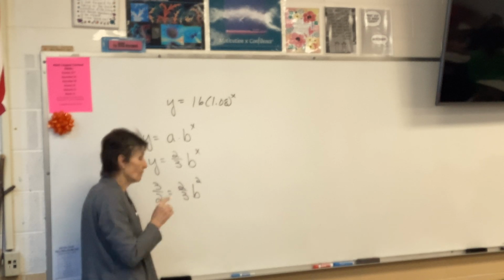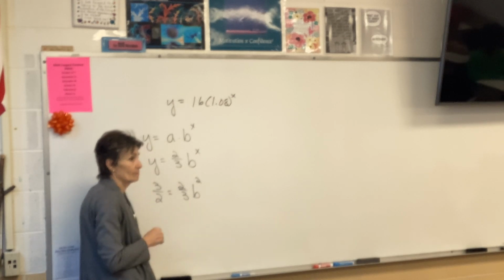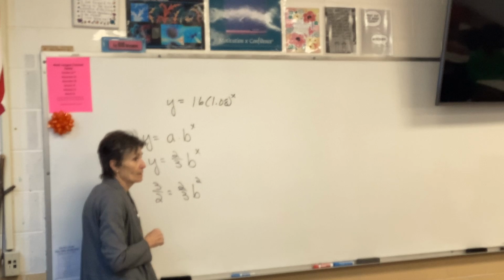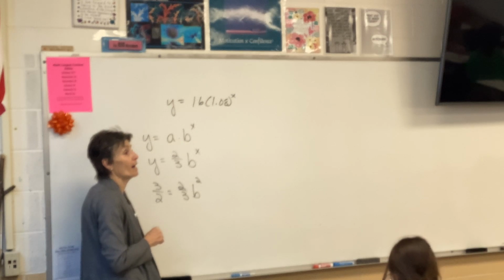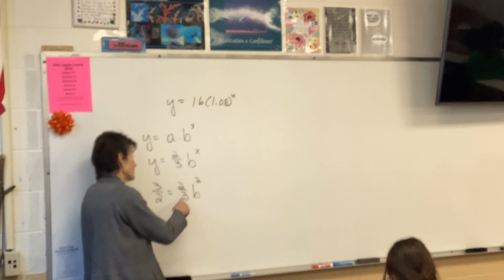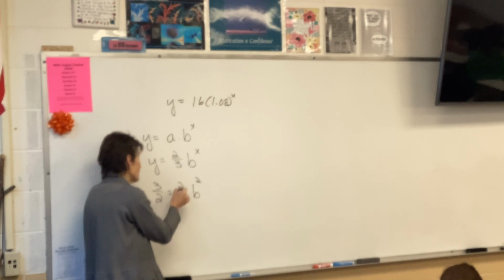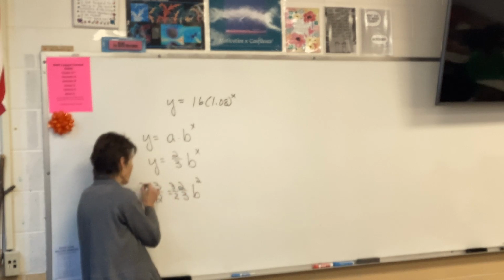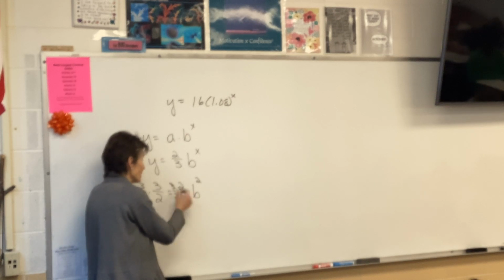Now, I've got to solve that equation, which means I need to get rid of that number right there. By? 2/3. Not by 2/3, you would multiply both sides by 3/2. You can do that in 2 steps if you want. You can times by 3 and then divide by 2, but it's probably easier just to do it all at once. Because if you multiply by 3/2, this goes away.